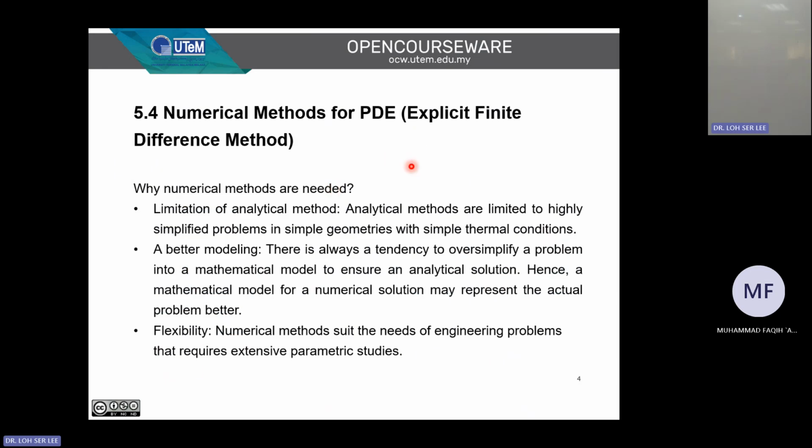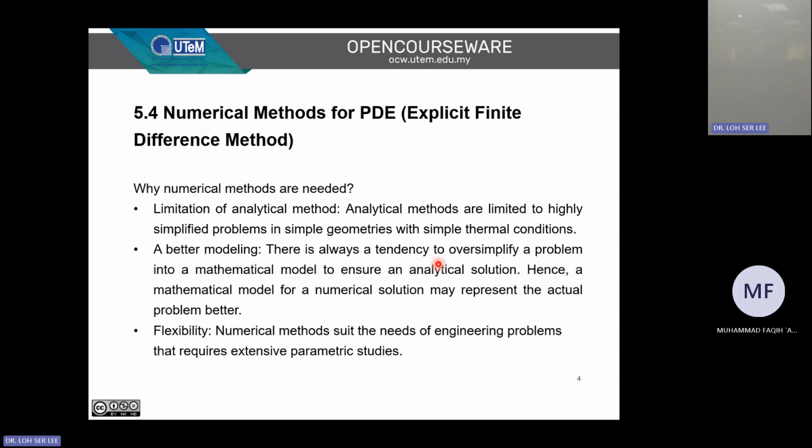Why do we need the numerical methods? In most real life problems, when we model the problem, we tend to simplify it into simple geometries with simple thermal conditions. So there is always a tendency to oversimplify a problem into a mathematical problem, because we want to learn an analytical solution.